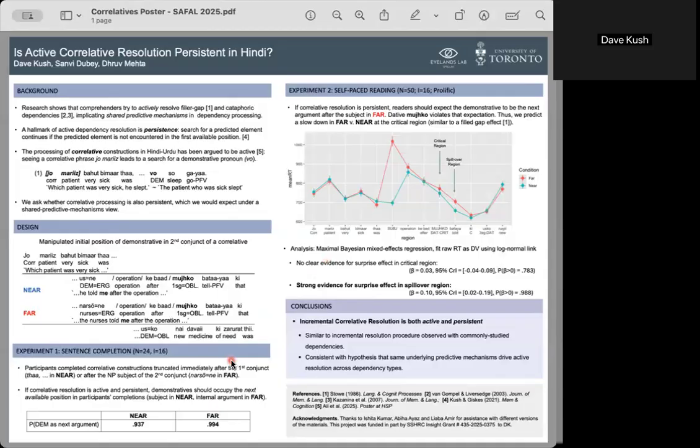Now, what we want to see is whether that translates to online reading. So we ran a study on Prolific with 50 participants, 16 items.